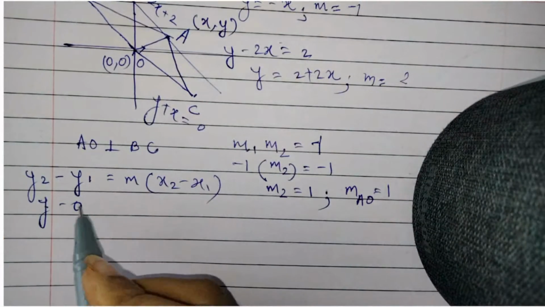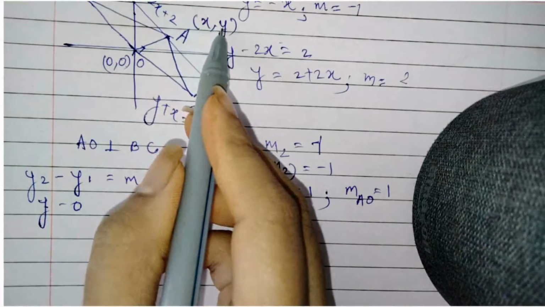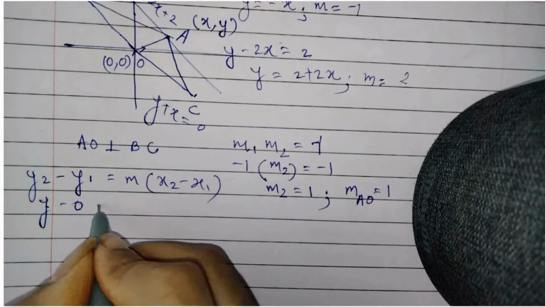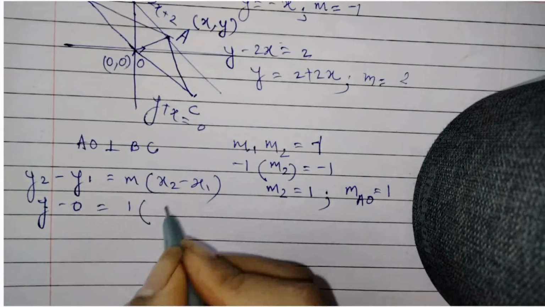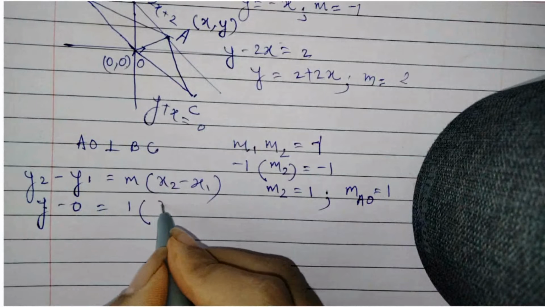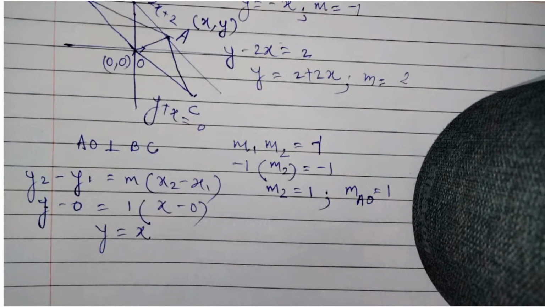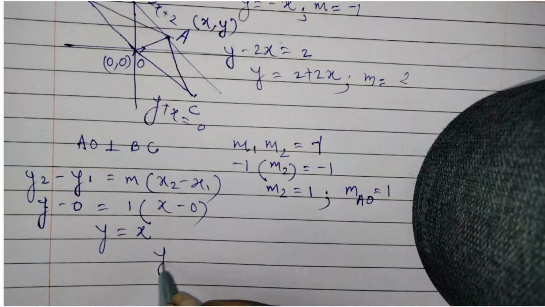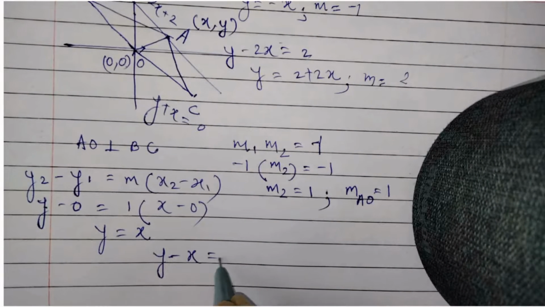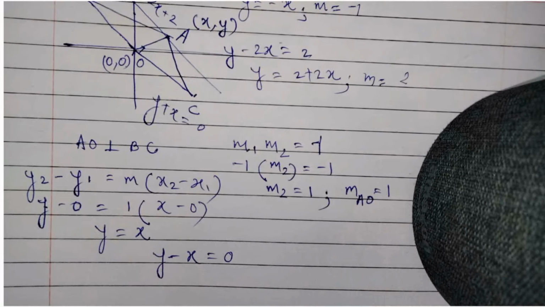Then we can write y minus 0 into slope, which is 1, into x minus 0. This will give you y is equal to x. This is the equation of the AO line. So y minus x is equal to 0. This is the line AO.